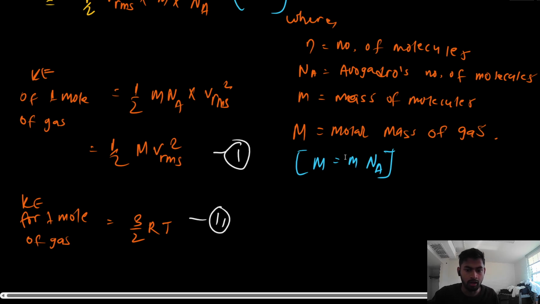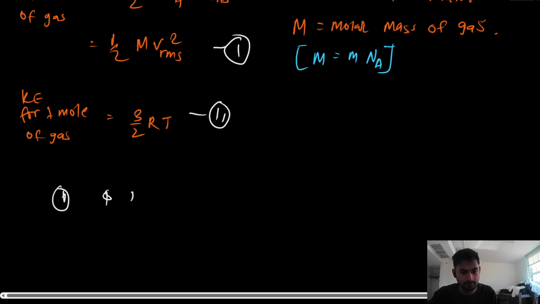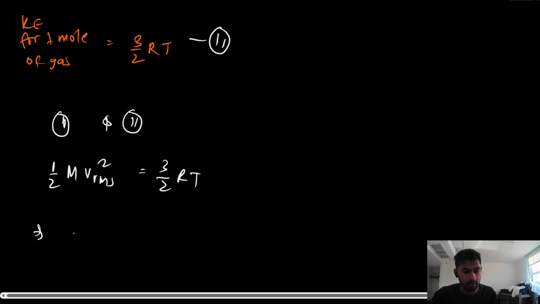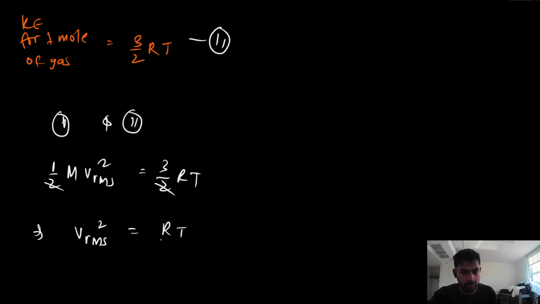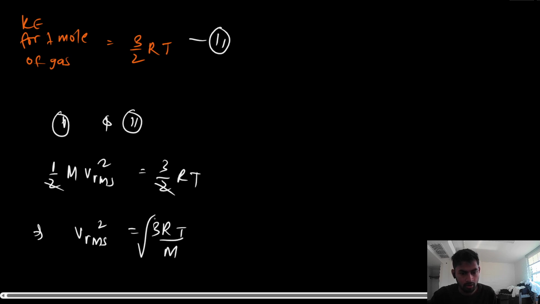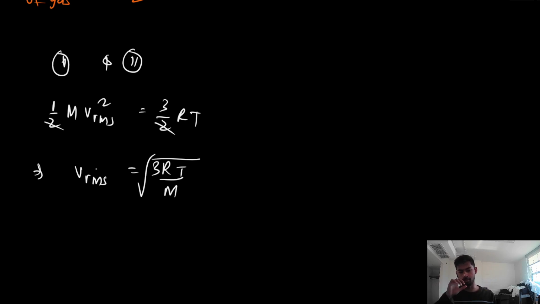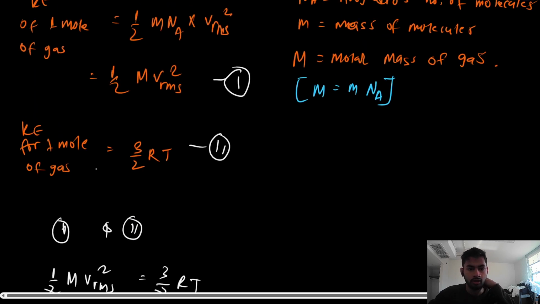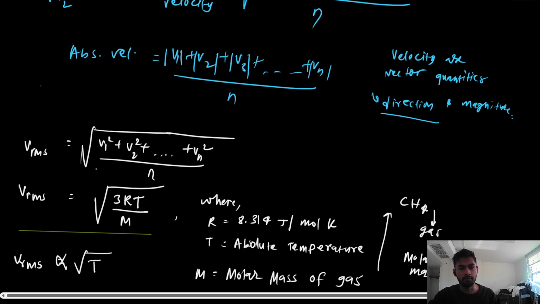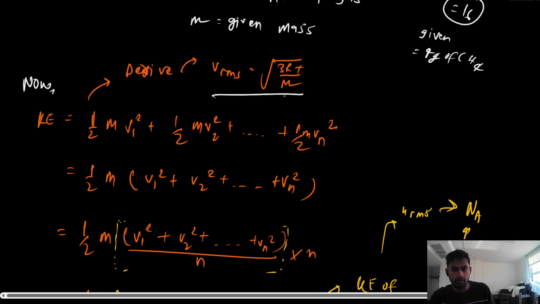Now if we equate equations 1 and 2, then 1/2 M V_RMS squared equals 3/2 RT, and V_RMS squared, with the 2 cancelling out, would be 3RT by M. So the final root mean squared velocity would be the square root of 3RT by M, which is the root mean squared velocity that we wanted to derive.